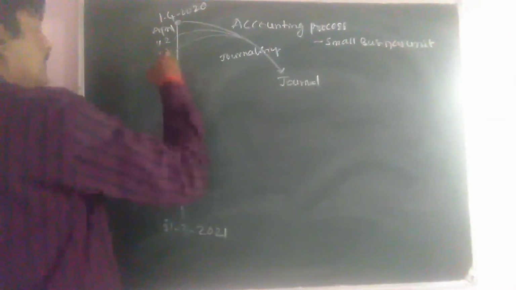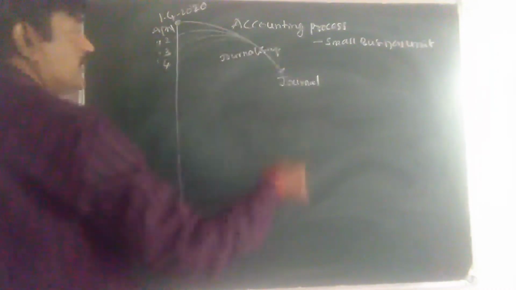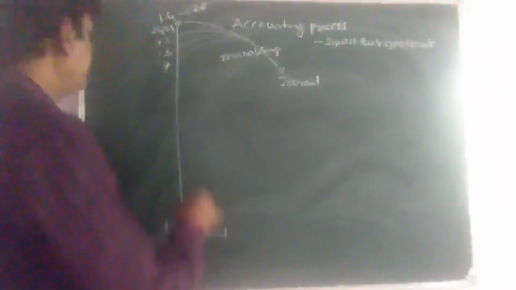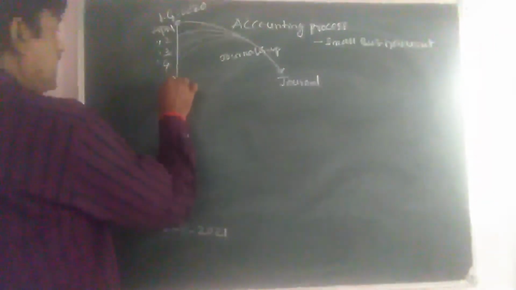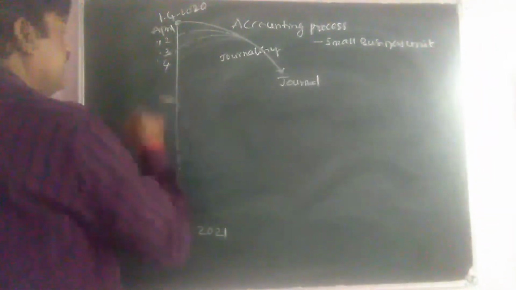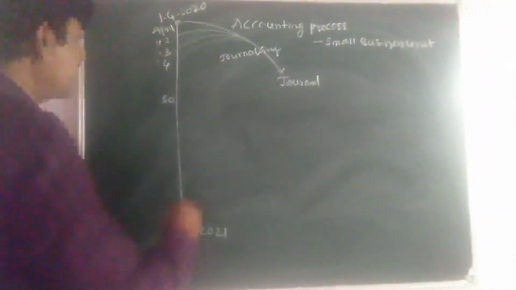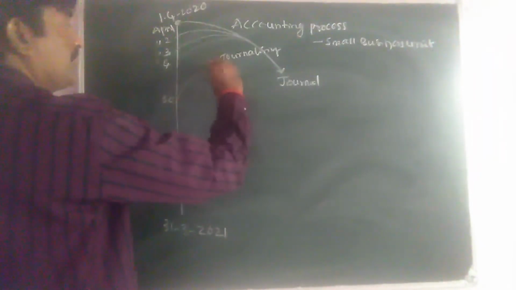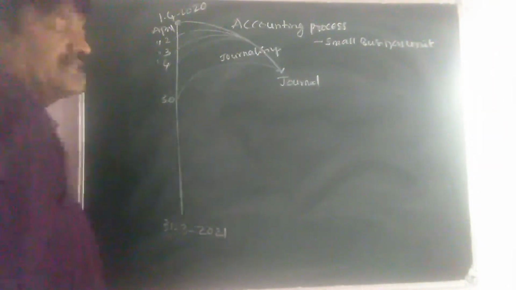Like this, 4th April transactions are also recorded in the journal. 5th, 6th, like this, up to 30th, transactions of April are also recorded in the journal.